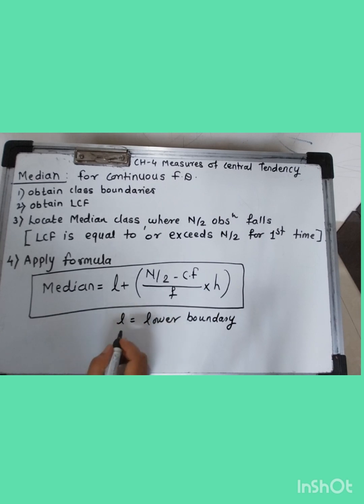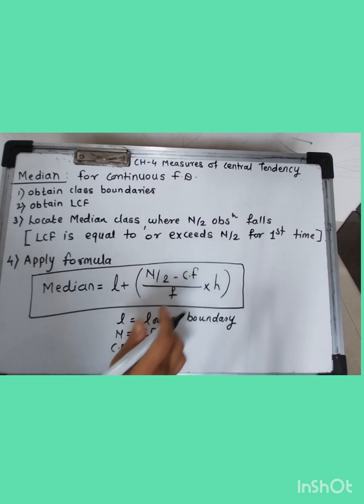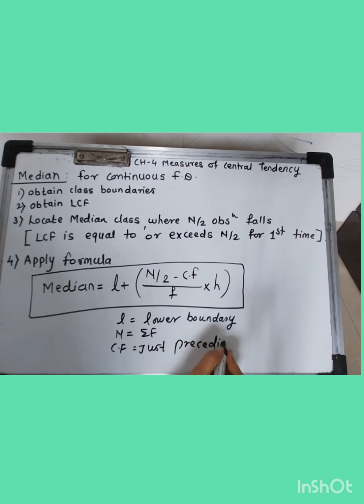Capital N, all of you know, is the sum of frequency, the total of frequency. Then CF is the cumulative frequency of the class just preceding the median class.